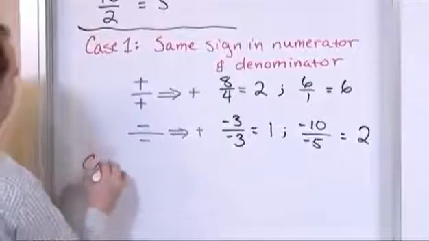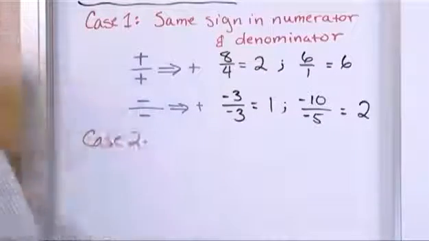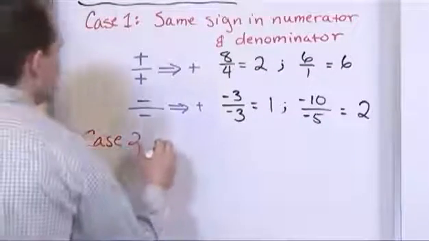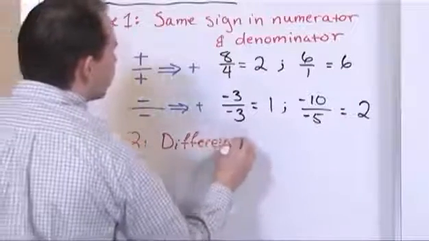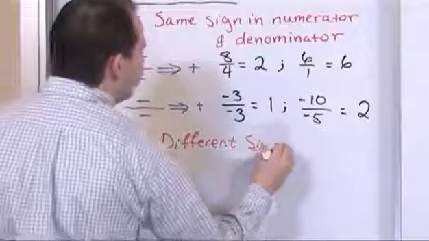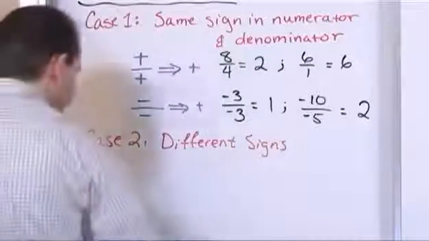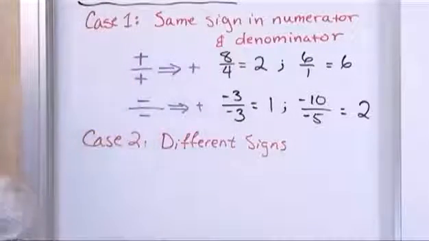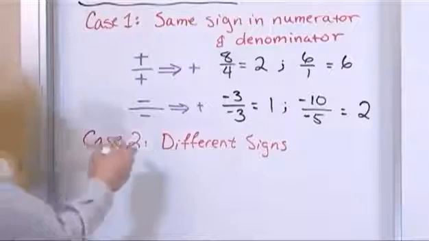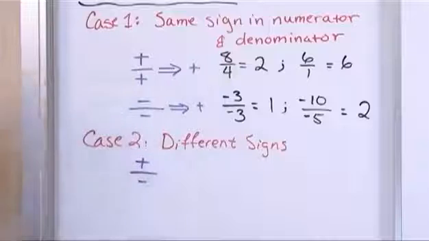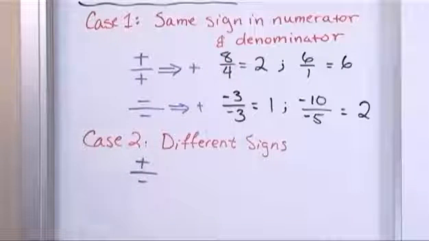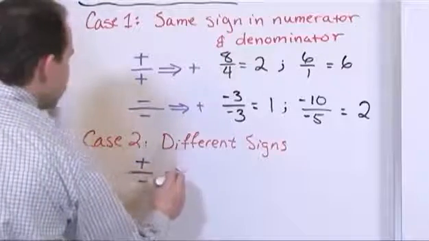So case 2 is the only other case there is: if you have different signs. Different signs. What do you do in those cases? Well, I think you can probably guess what's going to happen. If we had a positive number divided by a negative number, the signs are different there, and it's going to follow the same rules of multiplication.